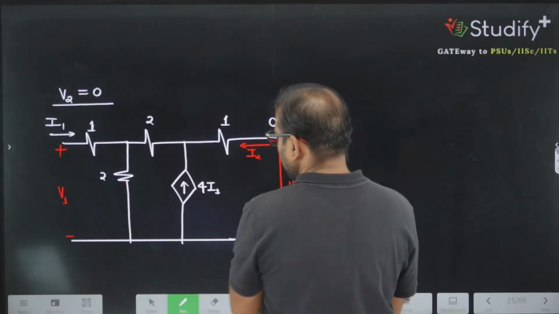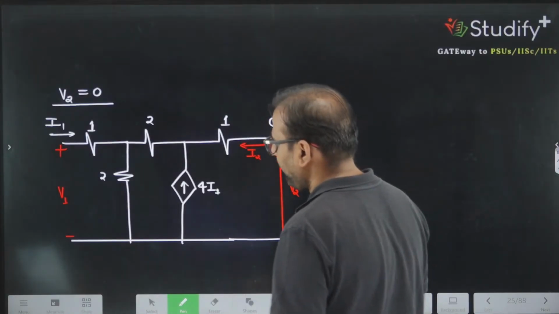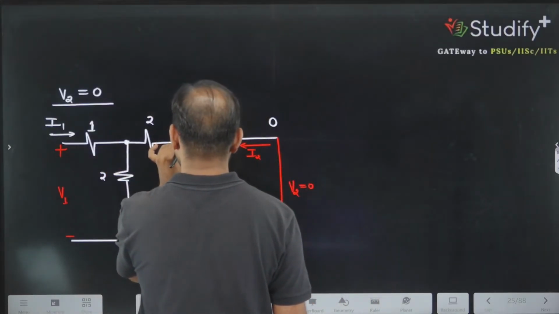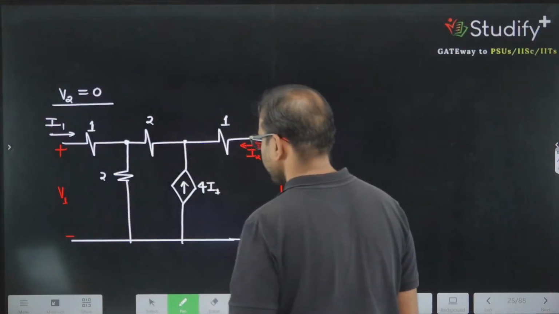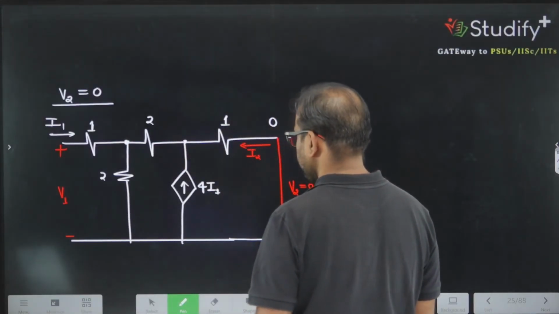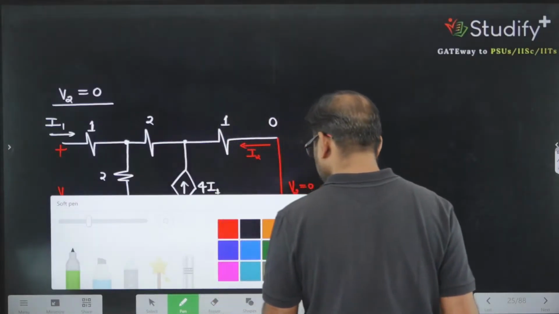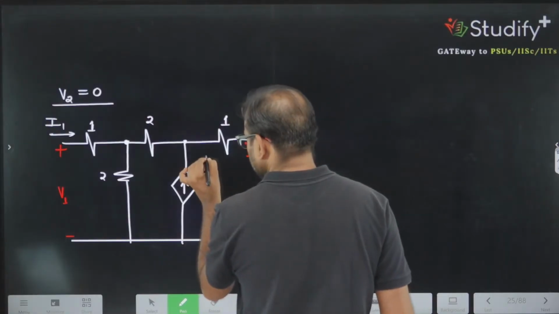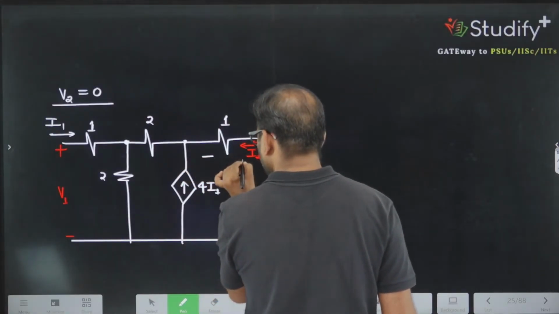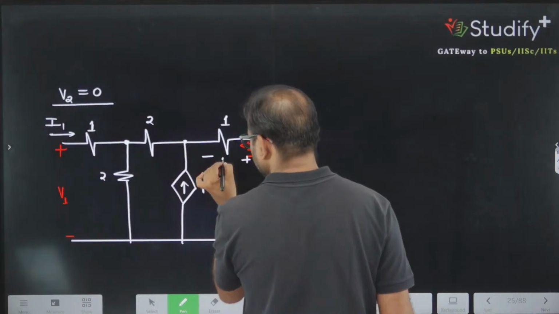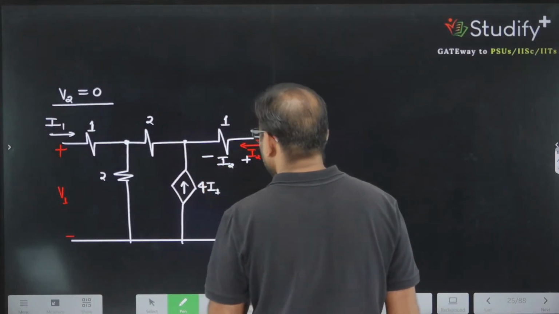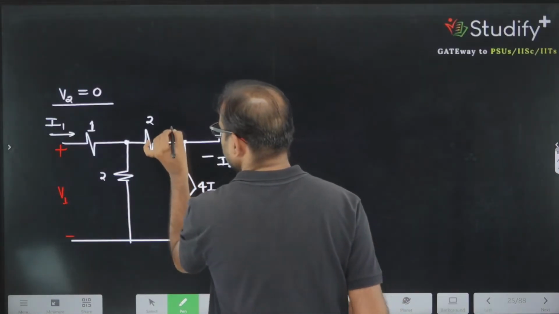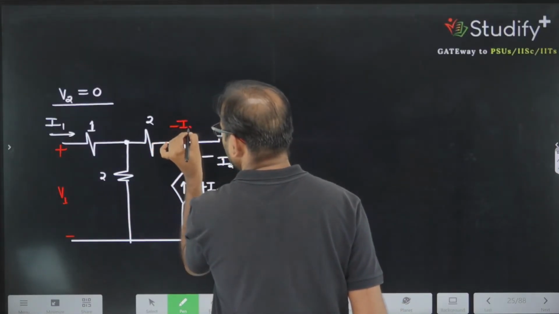If this value is 0, what is the potential at this point? Let's calculate. If this value is I2, what is the potential drop here? If this is 0, the potential drop of this point is represented by minus I2.